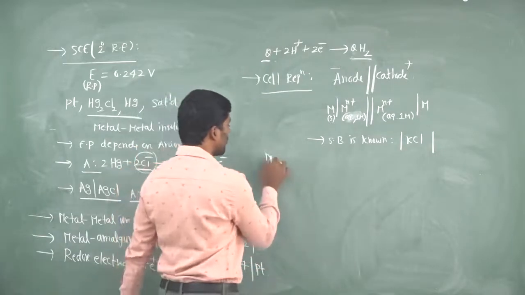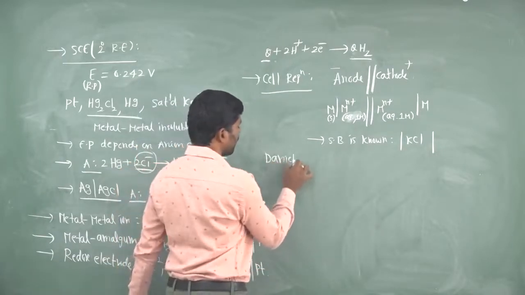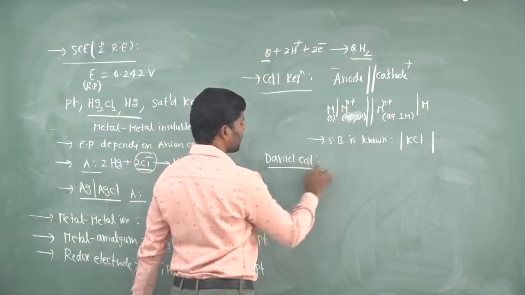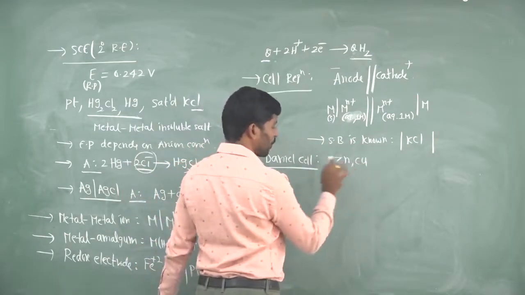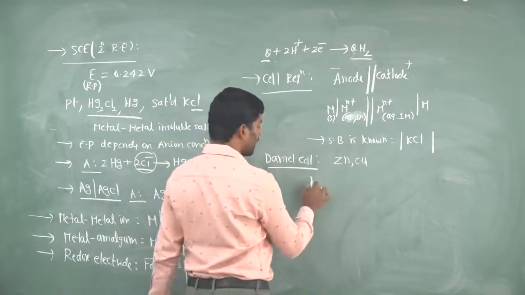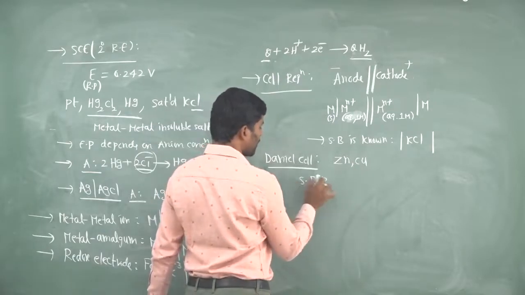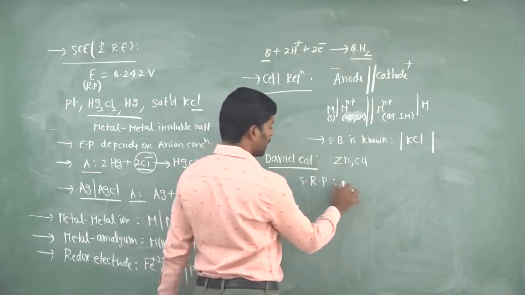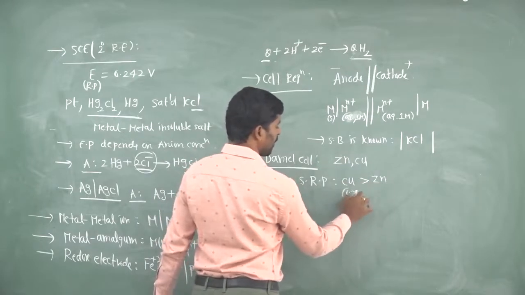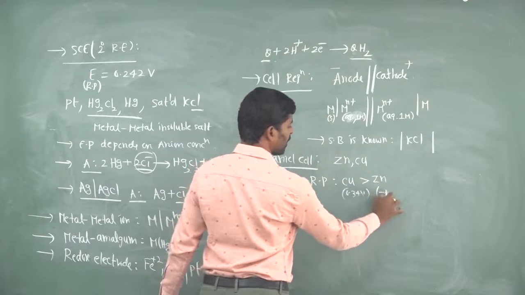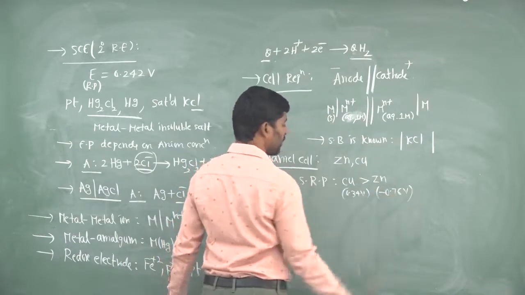For example, take the Daniell cell. How to represent the Daniell cell? The Daniell cell is constructed from zinc and copper electrodes. Under standard conditions, whose standard reduction potential is more? Copper's standard reduction potential is more compared to zinc. Copper is 0.34 volts, zinc is minus 0.76 volts.